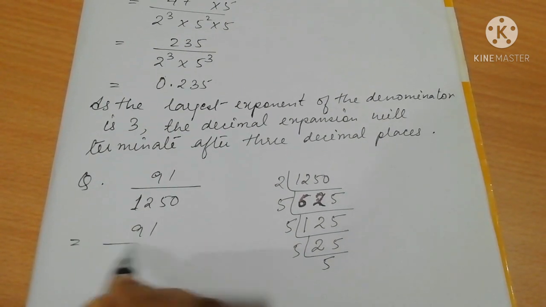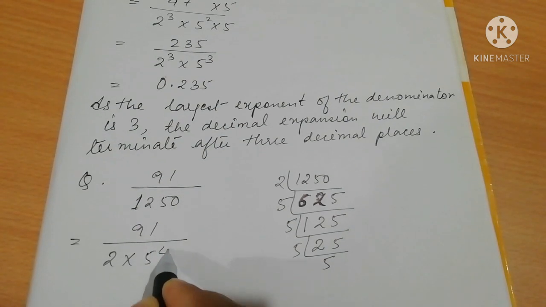So I can write 91 by 2 into 5 to the power 4.